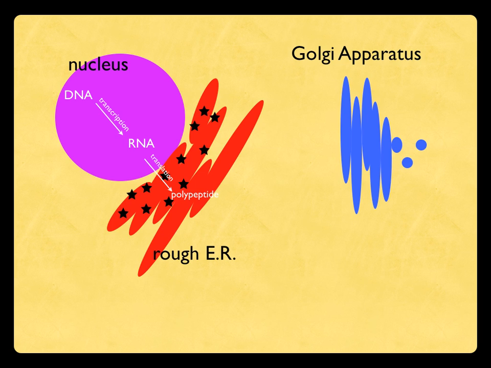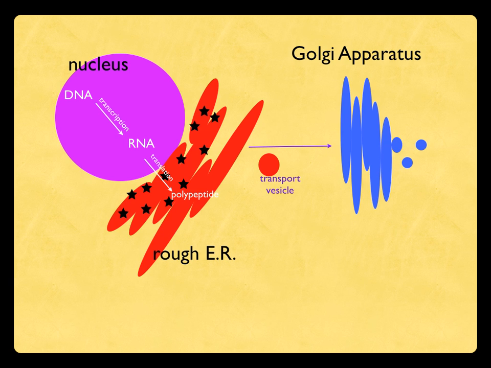And here it sort of pinches off in a tiny little membrane-enclosed sac, and it forms something called a transport vesicle. Now, that transport vesicle can take the polypeptide inside of it to a variety of places, but most of the time it takes that polypeptide directly to the Golgi apparatus.